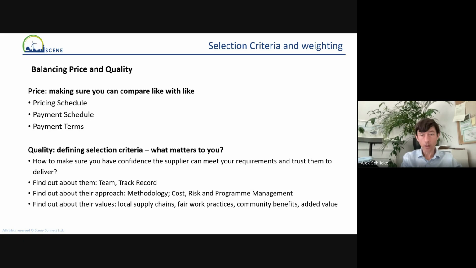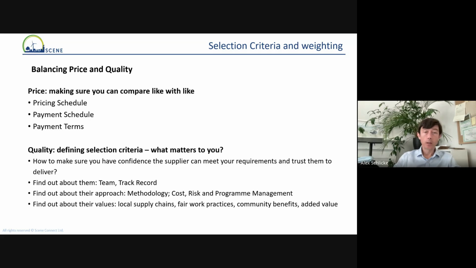That becomes a key thing. If you're in a larger metropolitan area, then supply chains are probably less critical, because there are lots of suppliers out there. So these are the things that can be weighted to meet your own particular requirements.